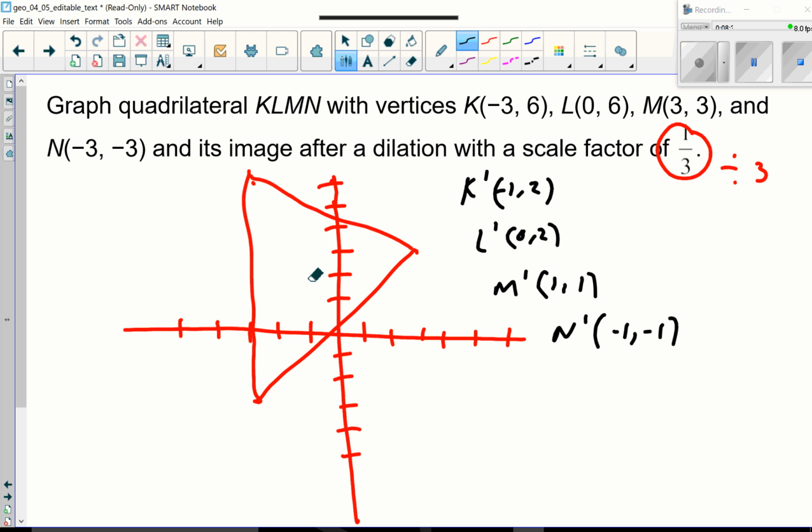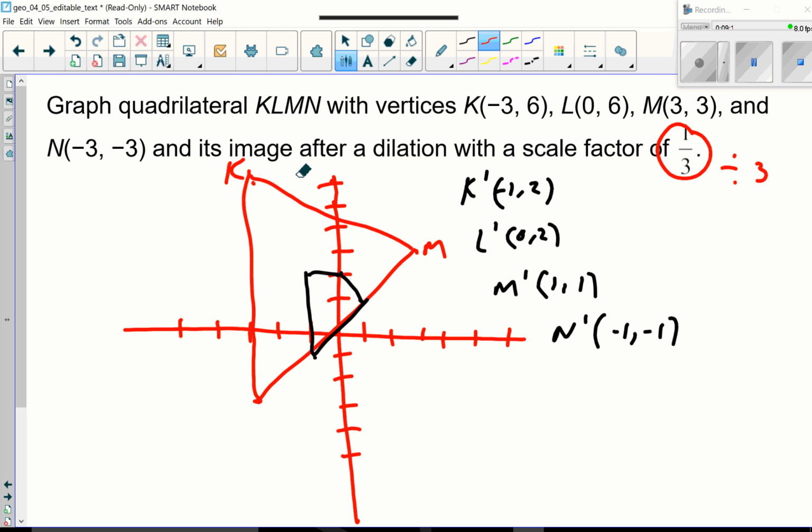So if I graph that, we'll have a point here, a point here, a point here, and a point here. And we will get this right here. And my labels, make sure we label here. So if I go back to red, I've got K, I've got my L, and I've got my M. Oops, sorry, missing one here.